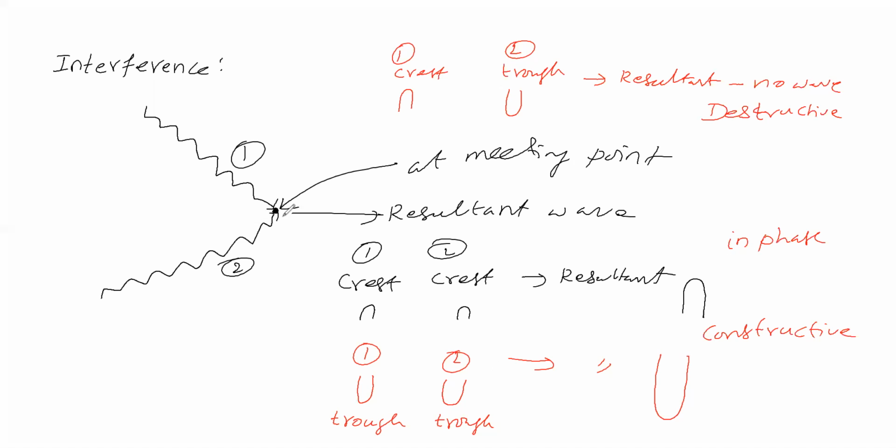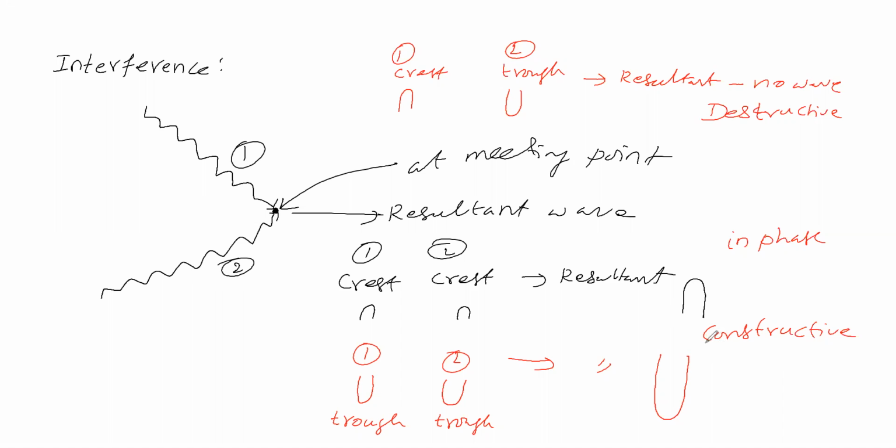When at the meeting point the first wave is making a crest and the second wave also makes a crest, we say they are in phase. Likewise, when the first wave makes a trough and the second wave also makes a trough at the same point, these two waves are in phase.